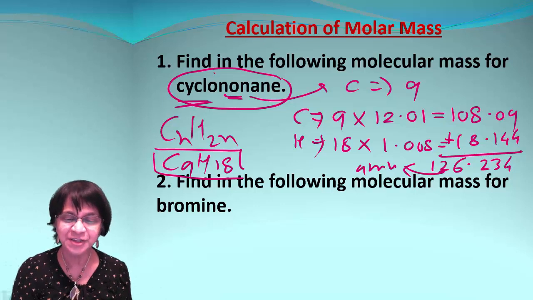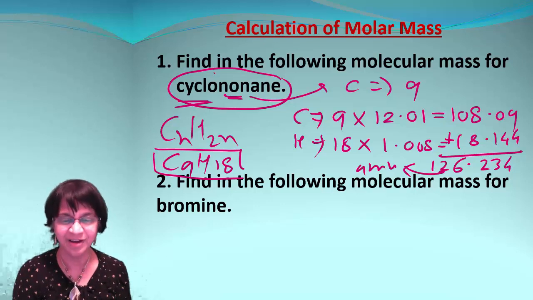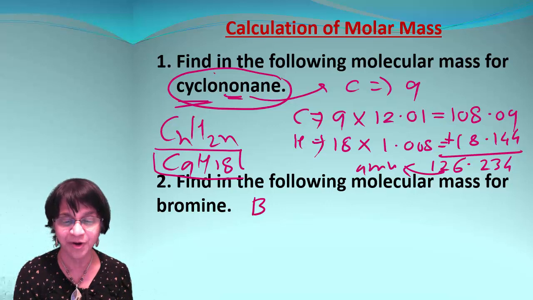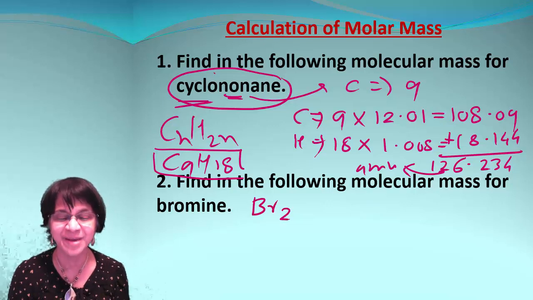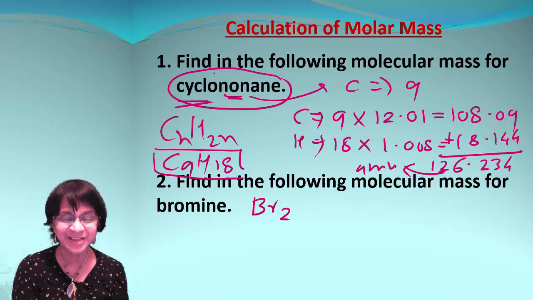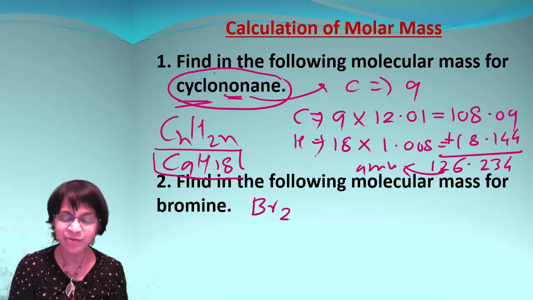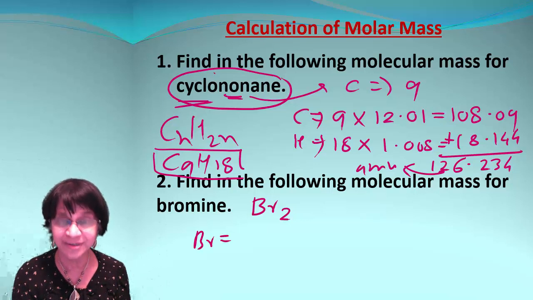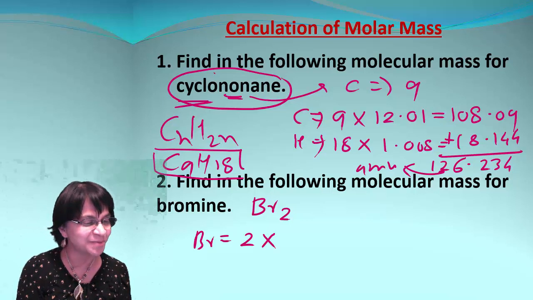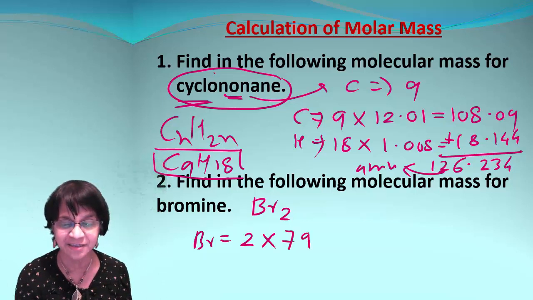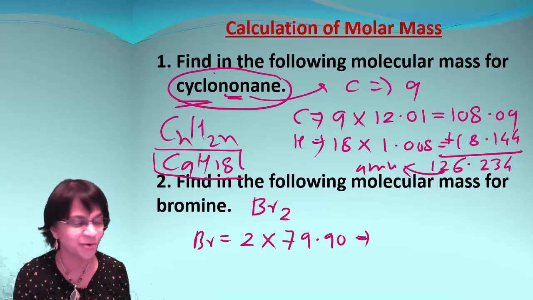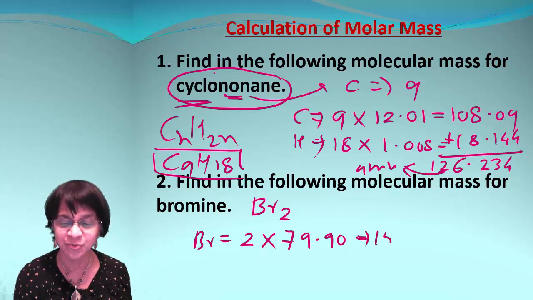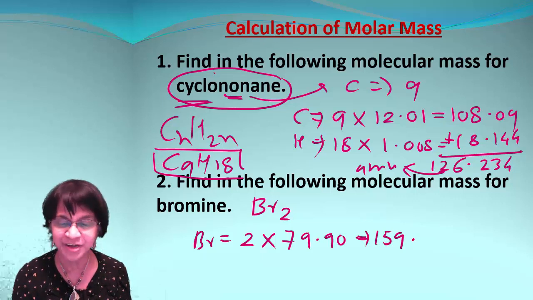Okay, let's find the molecular mass of bromine now. Remember, bromine is one of those diatomics. I bring clay, so that's the bromine. So we have 2 atoms of bromine in a bromine molecule. Let's do our calculation: 2 atoms times the atomic mass of each bromine atom, 79.90, which equals 159.8.